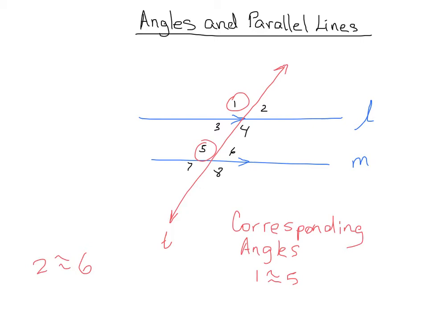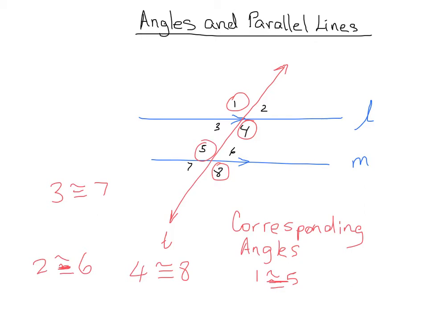They're not approximately equal, they're corresponding. All right, so 3 and 7 are also congruent, and the last pair that's congruent because they're corresponding is 4 and 8. So 4 and 8 are congruent to each other because they're corresponding angles.